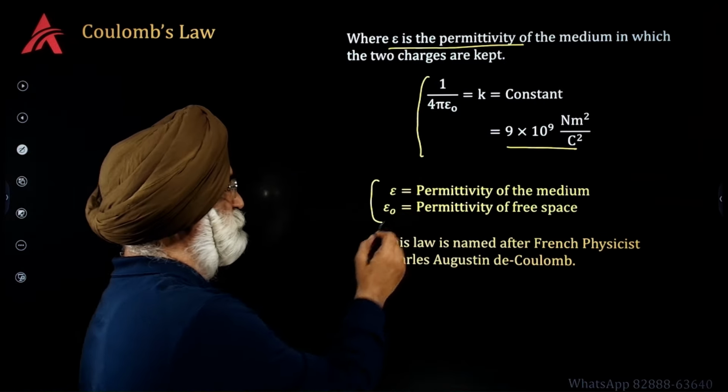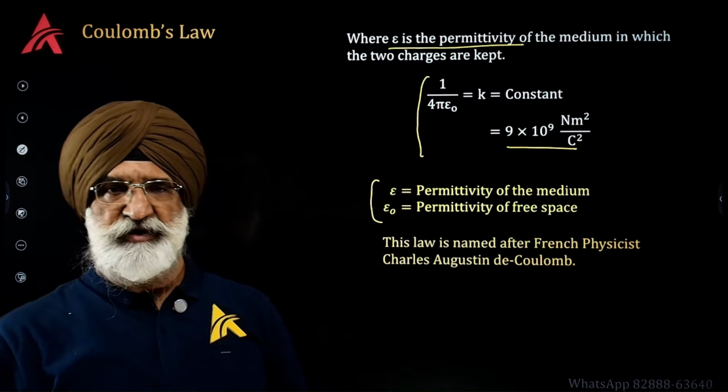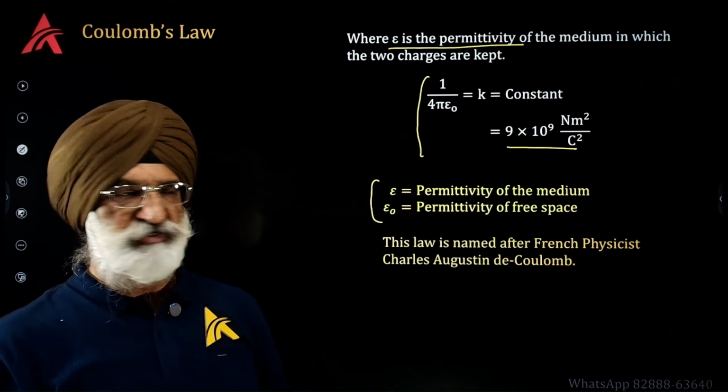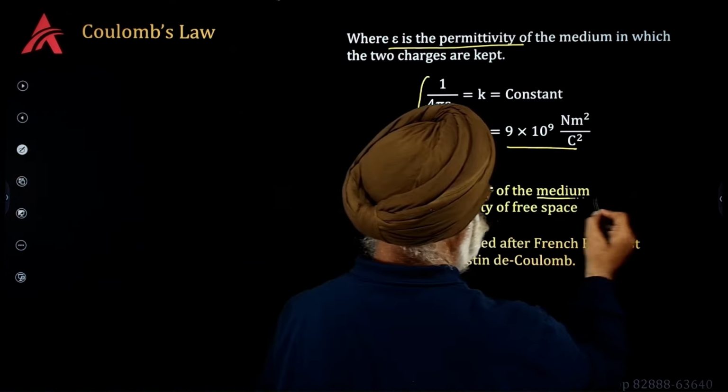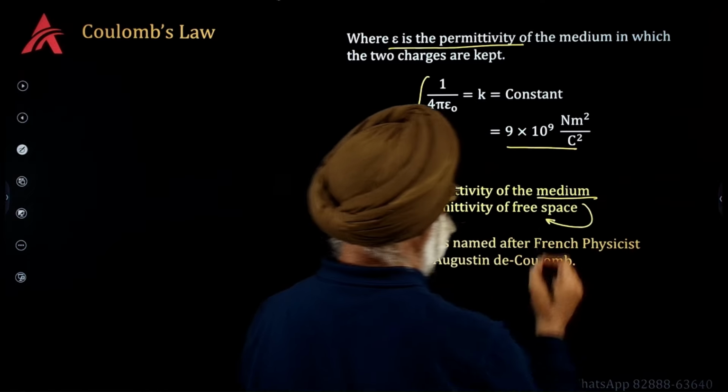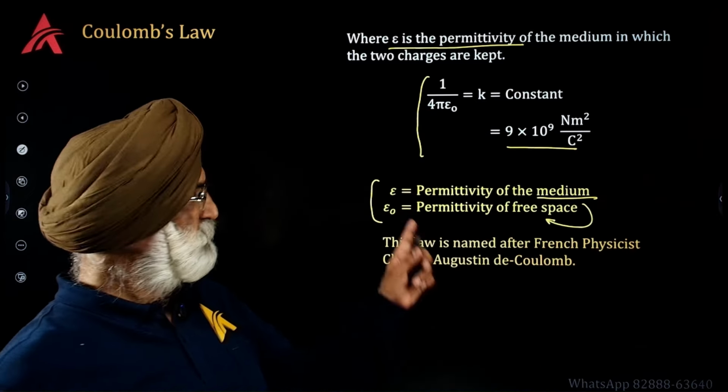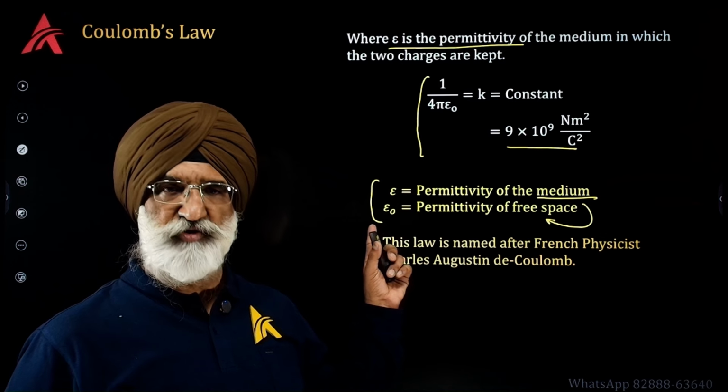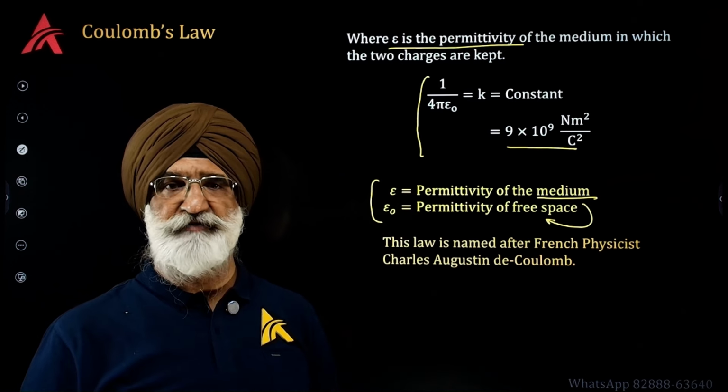If the medium is free space or vacuum, then the permittivity is called epsilon naught, that is, permittivity of free space.